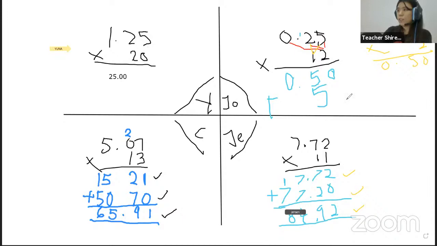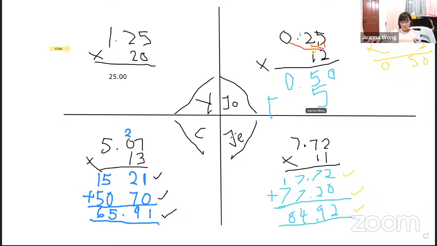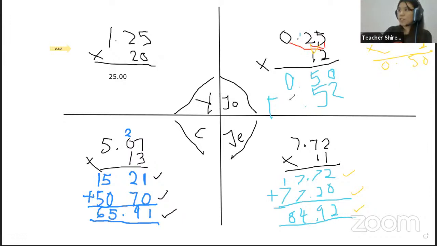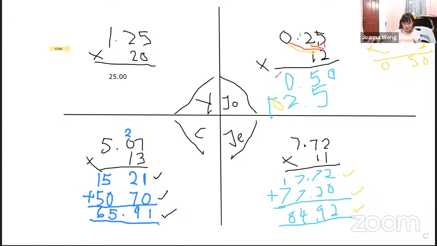Okay, right where? No, right in front here. Erase this, please. 2 in front. Okay. 1 times 2, 2, write down 2. And 1 times 0, 0. Right here.